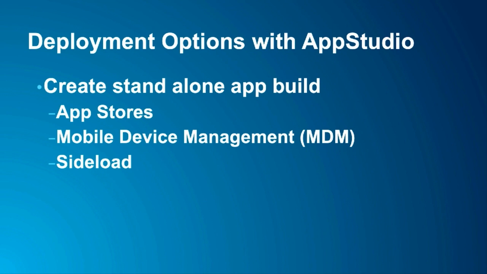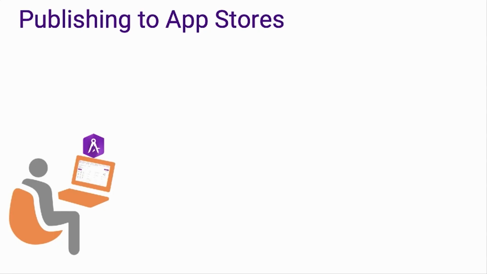And what's great with AppStudio is we make this very easy because we have this thing called the Cloud Make service, which allows us to easily build these type of apps for multiple platforms. What is this workflow like?